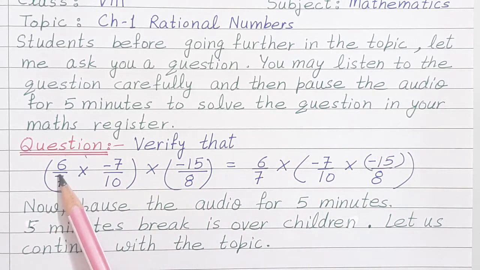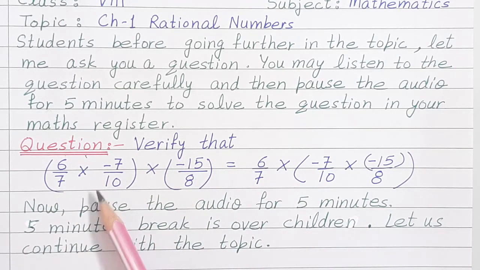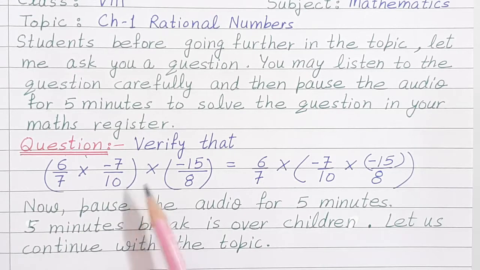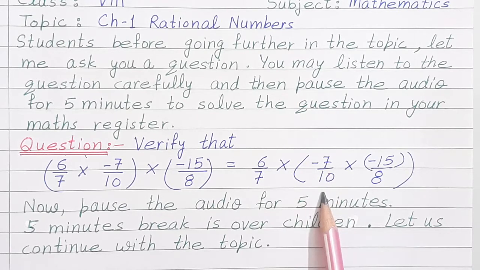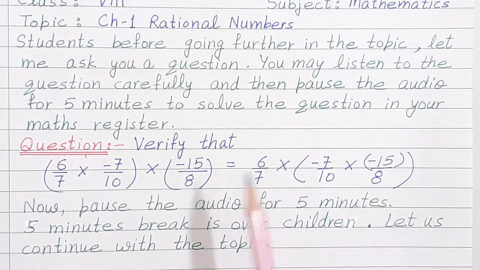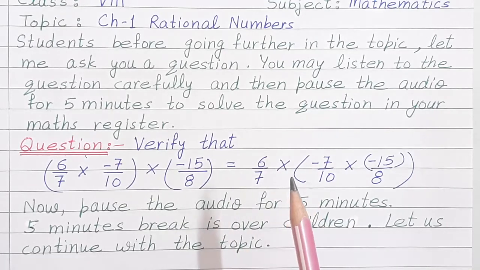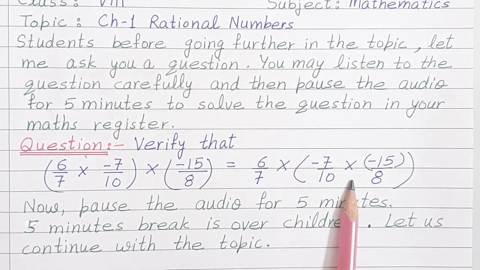So here the question is, verify that 6 upon 7 multiplied by minus 7 upon 10, which is within the bracket, is multiplied by minus 15 upon 8, that is equal to 6 upon 7 multiplied by minus 7 upon 10 multiplied by minus 15 upon 8. Now students, you should know which property is this. Yes, it is associative property of multiplication.